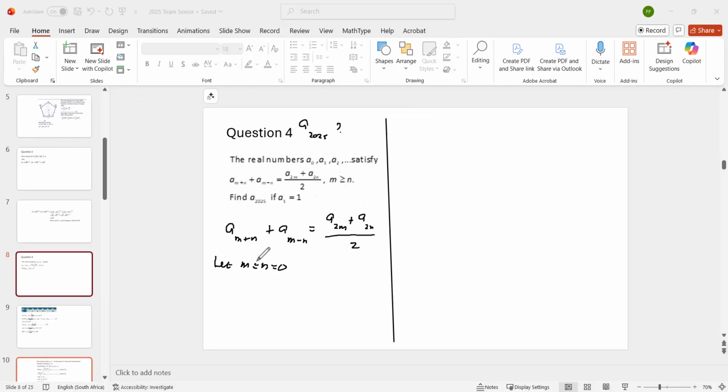All right, so if you put both of them equal to 0, the left-hand side you have a0 plus a0, over 2. Right? And this gives you 2a0 divided by 2, which gives you a0. And subtracting, you get a0 equals 0. All right, so we've calculated a0.